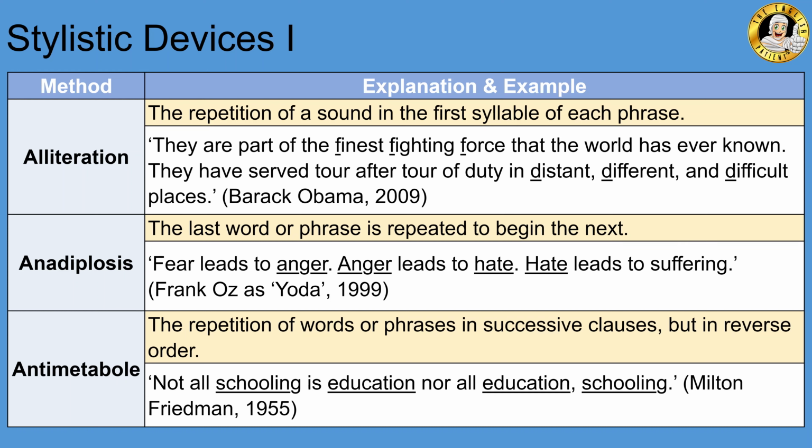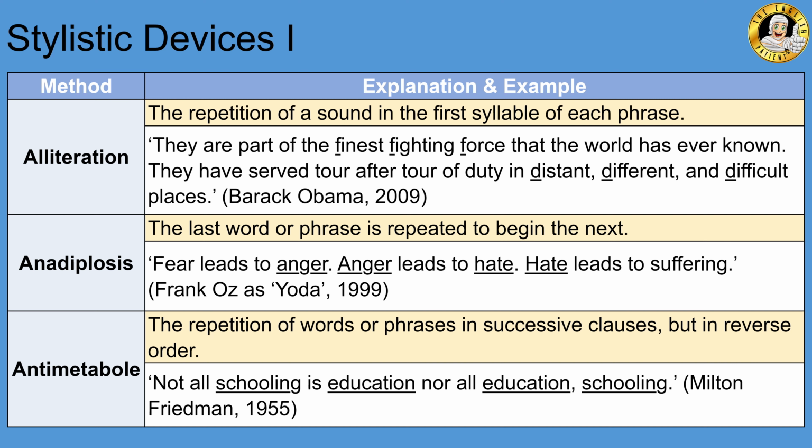Anger leads to hate. Hate leads to suffering." So notice here, we're ending the first sentence with anger and beginning the next with anger. Ending that with hate, beginning the next with hate. This kind of repetition is called anadiplosis.